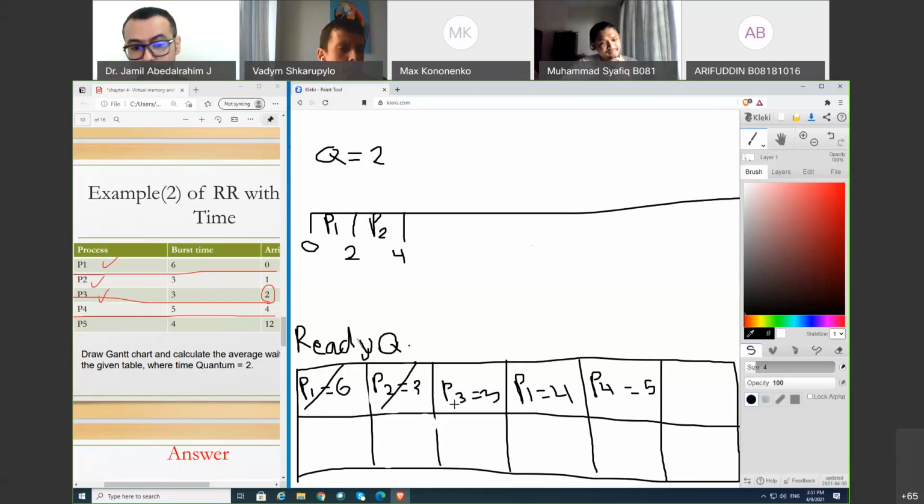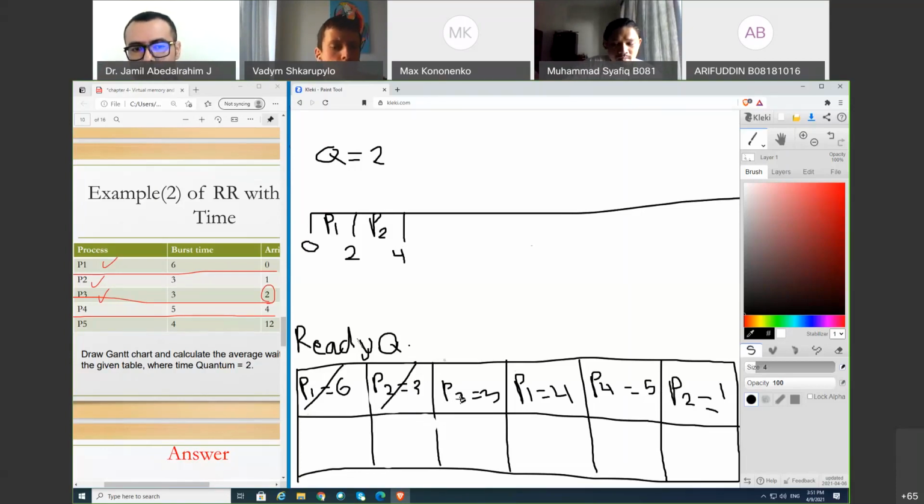Don't jump to P3, we haven't executed P3 yet. We are at P2, so we just write the remainder of the current process, P2 equal 1. So we cross out P2 equal 3; the remainder is 1.